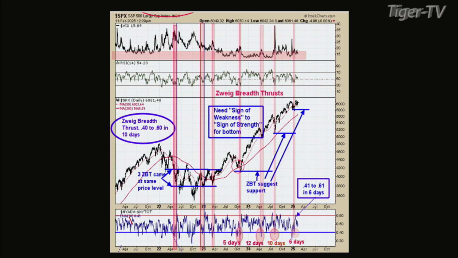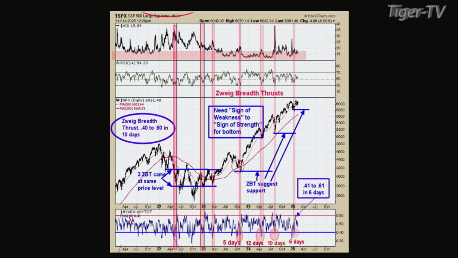We actually got down to 0.41, but it rallied to 0.61 in 6 days. So in my opinion, that's close enough. A lot of times, Zweig Breadth Thrust indicators form a support area. So I marked the previous times the indicator was signaled on this chart, and I put the ZBT suggested support.